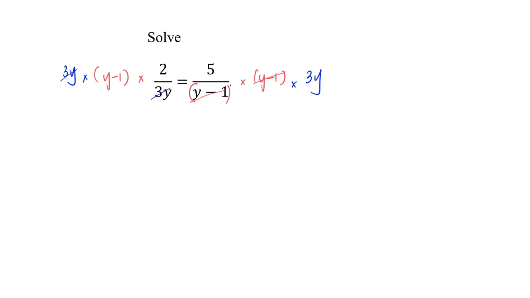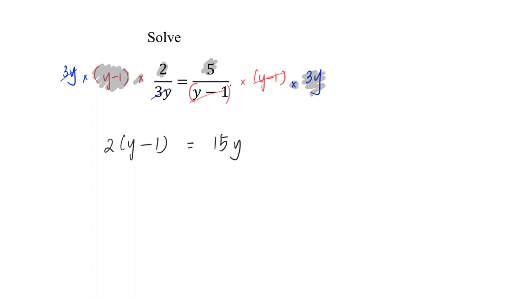And when I do that, amazingly, I'm left with 2 multiplied by y minus 1. And on the right hand side, I'm left with 5 multiplied by 3y, which will be 15y.